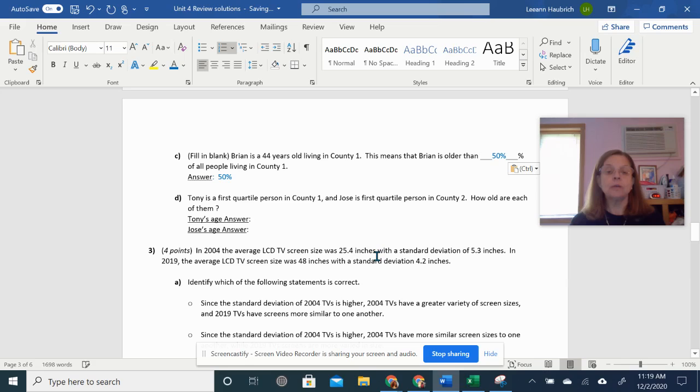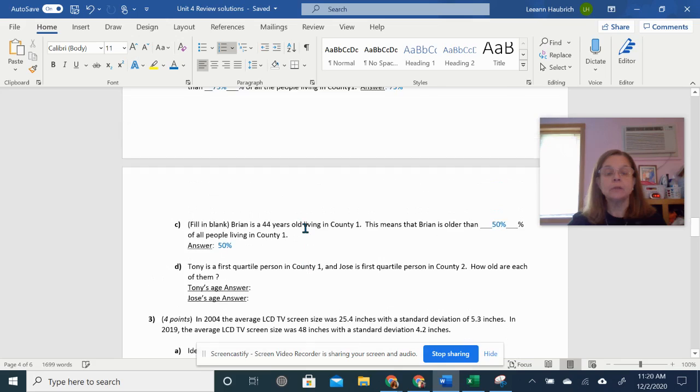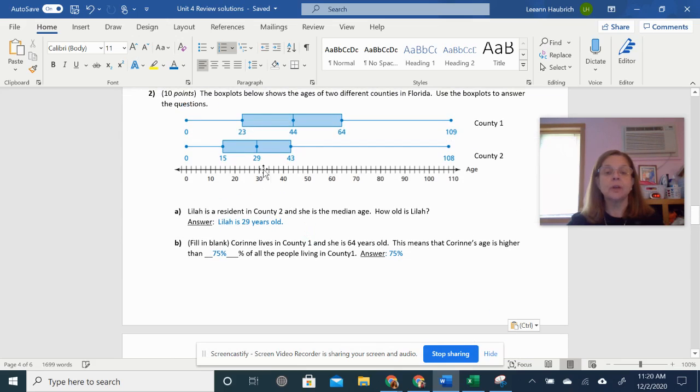Okay, Tony is a first quartile person in County 1, and Jose is a first quartile person in County 2. How old are each of them? So we're looking for Q1 in both counties. Tony lives in County 1, so let's go get his age.